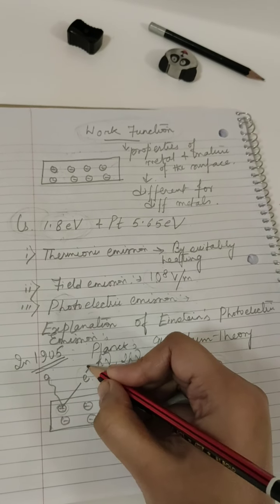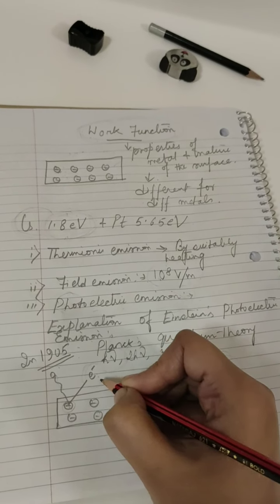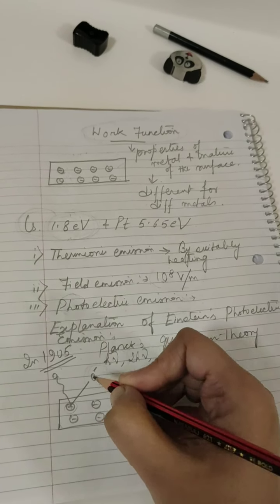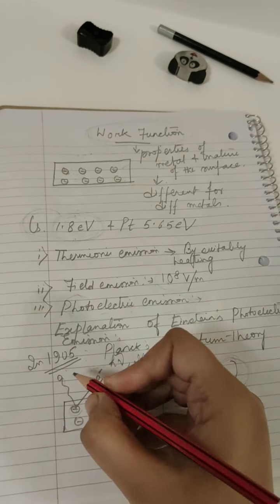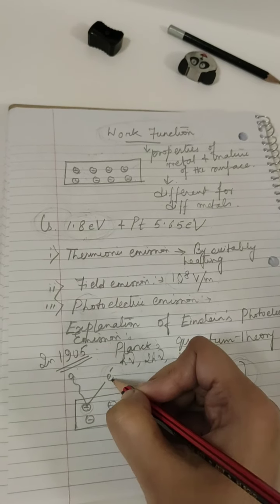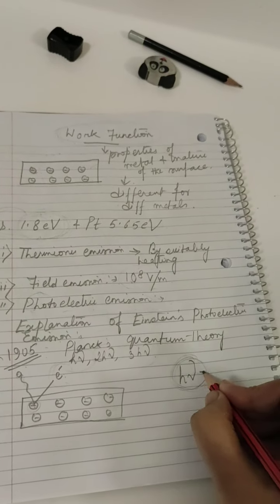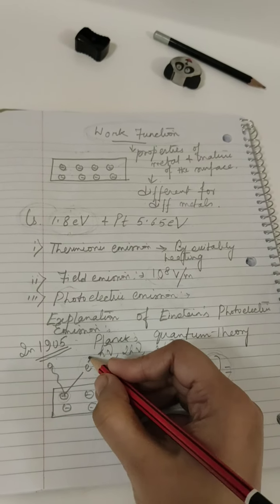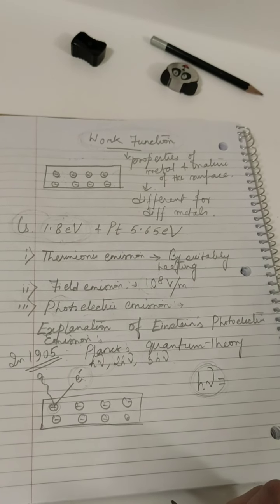Now, this electron which is getting emitted has a certain kinetic energy, and how is this energy of the photon getting divided? This energy of the photon is used up in ejecting the electron from the metal surface and imparting a certain kinetic energy to the electron.